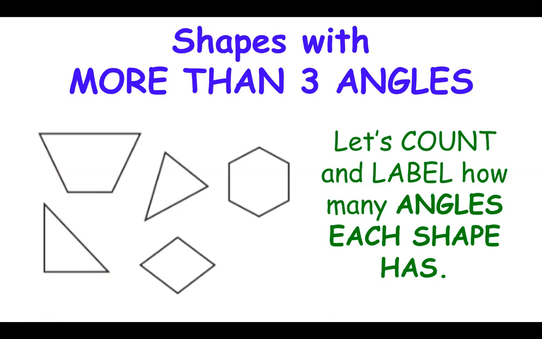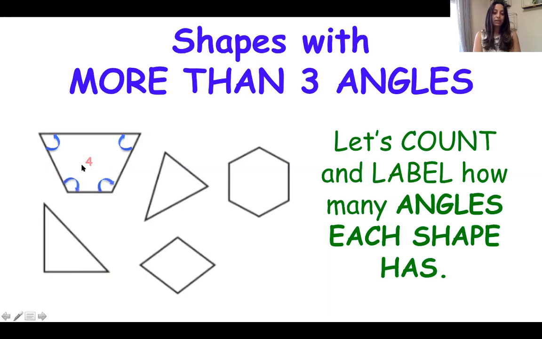So in order to figure that out, first we need to count and label how many angles each shape has. Okay, we have to count all the shapes, the angles in all the shapes to figure out which ones match the rule. So I'll start with this one. Let's find the angles. 1, 2, 3, 4. This shape has 4 angles. 1, 2, 3.